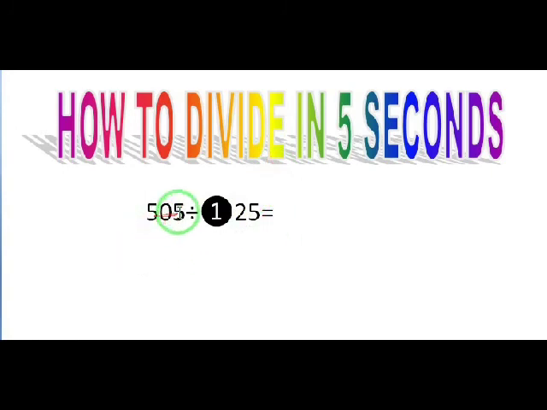So it is similar in that we have to multiply the dividend. In this division the dividend is 505. So here it has little changes. 505 will be multiplied with 8. Previously we were multiplying the dividend with 4, but in this case we have to multiply the dividend with 8.